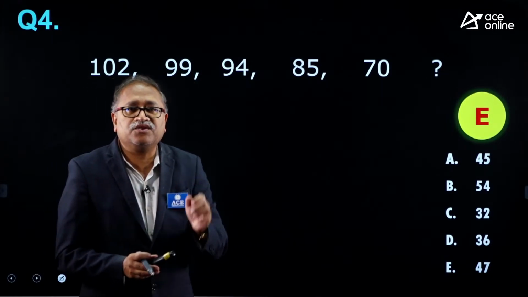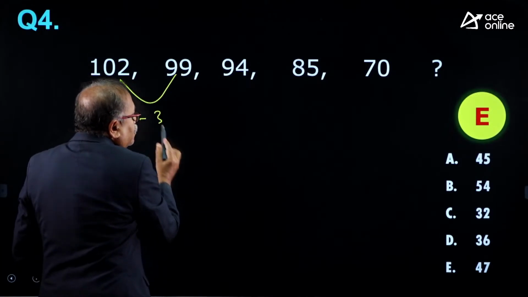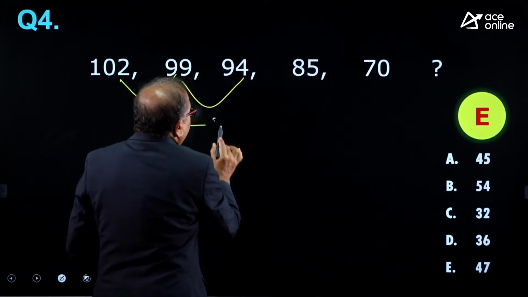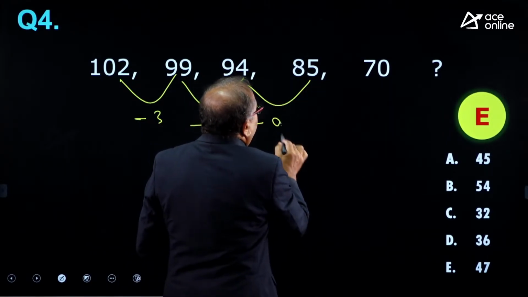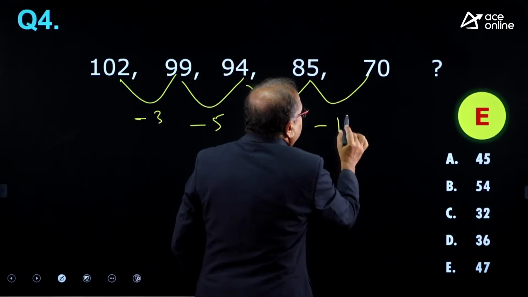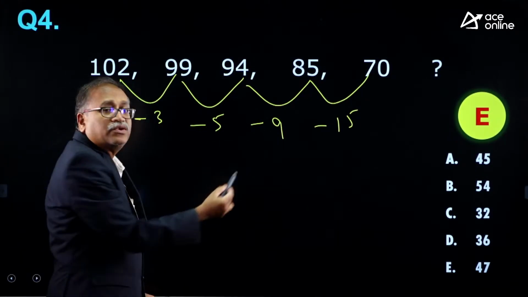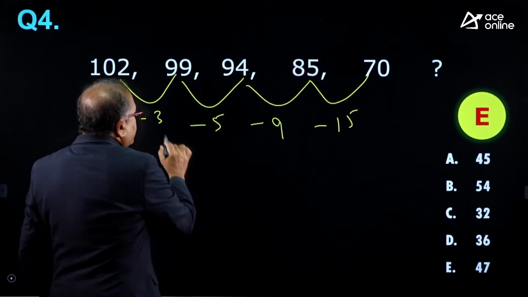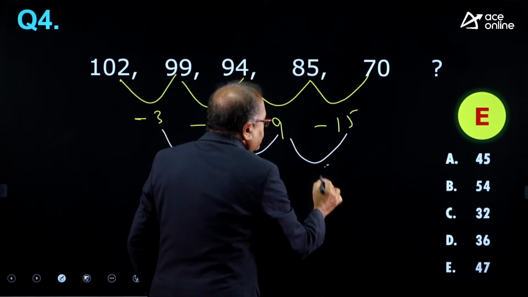So, as a result, you checked how much minus here. You notice that this is minus 3, this is minus 5, and this is minus 9, and this is minus 15, and you looked at the logic on these numbers. What is this logic? You might have taken the difference, over here 2, the difference is 4, the difference is 6.